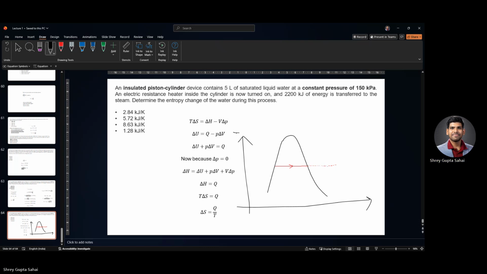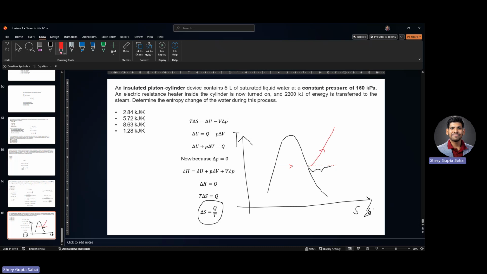You can keep on applying this even in this region. In this region, pressure does not remain constant, so you cannot maintain constant pressure and constant temperature. You will have to move somewhere here.